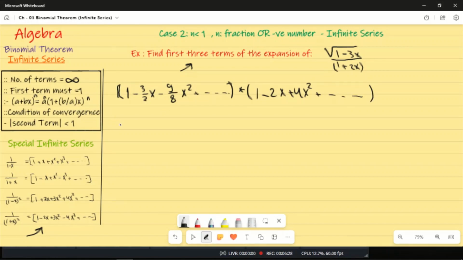Okay, so we have here just multiply 1 by this series, then negative 3 by 2x by this series, and negative 9 by 8 x squared by this.